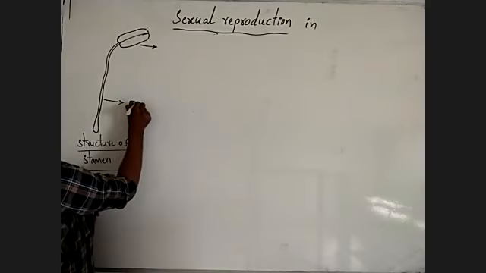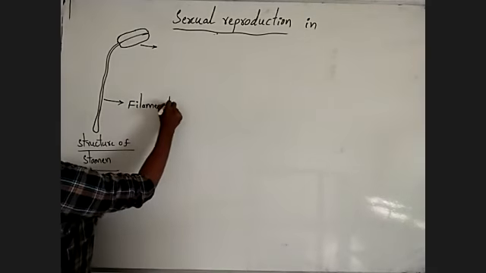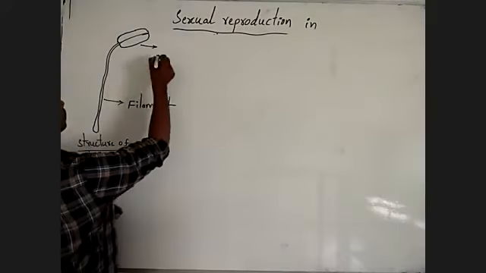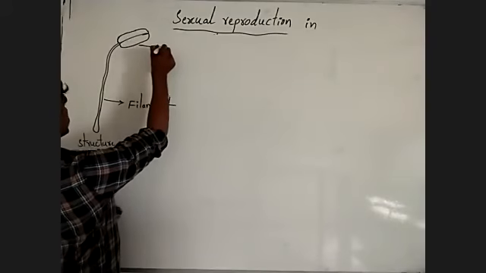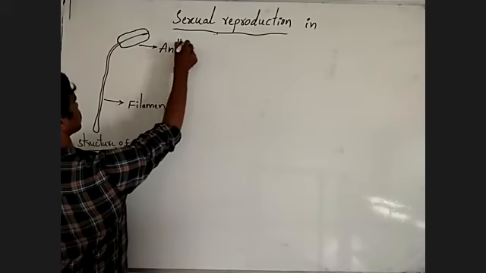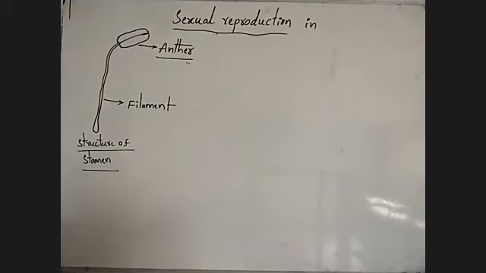The first one is the filament, the stalk of the stamen. The terminal structure is called the anther. These are two important parts.